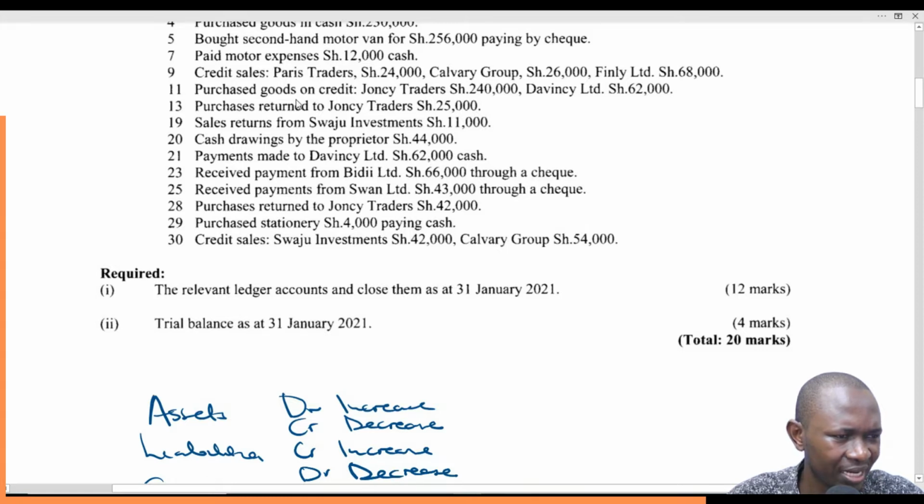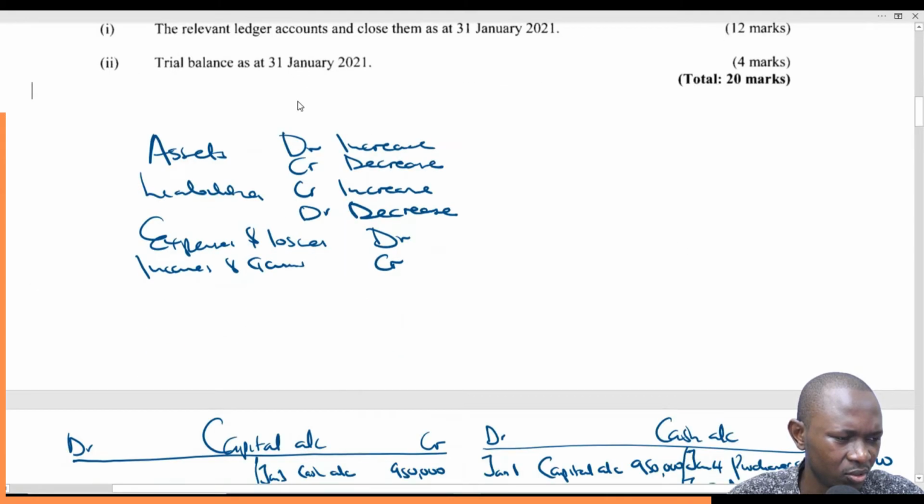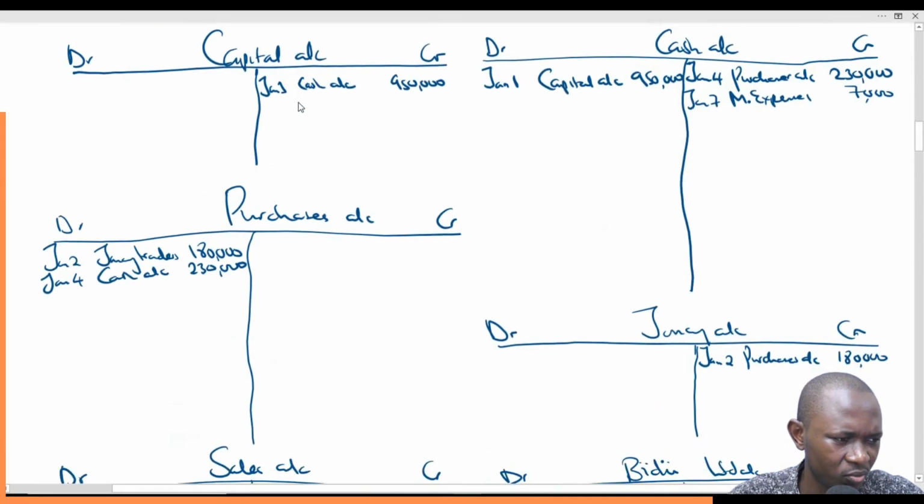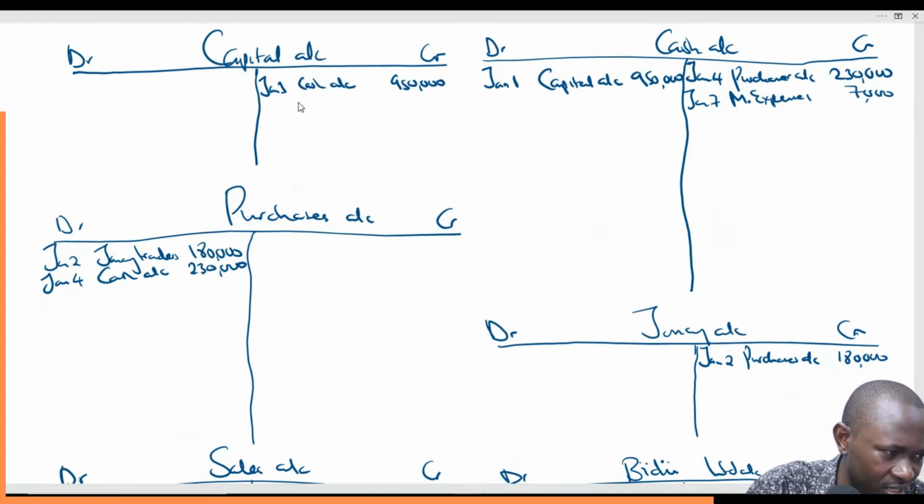Purchase goods on credit, Johnson Traders. This is the 11th. Purchase goods on credit, Johnson Traders, 240,000. So we purchase goods on credit from Johnson, January 11th.